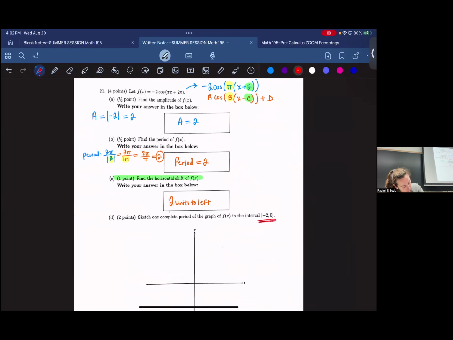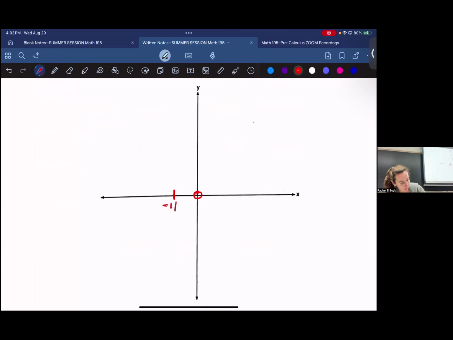So what I'm going to put in is 0, and I don't want to go up by halves, so let's do -1/2, -1, -3/2, and then -2.